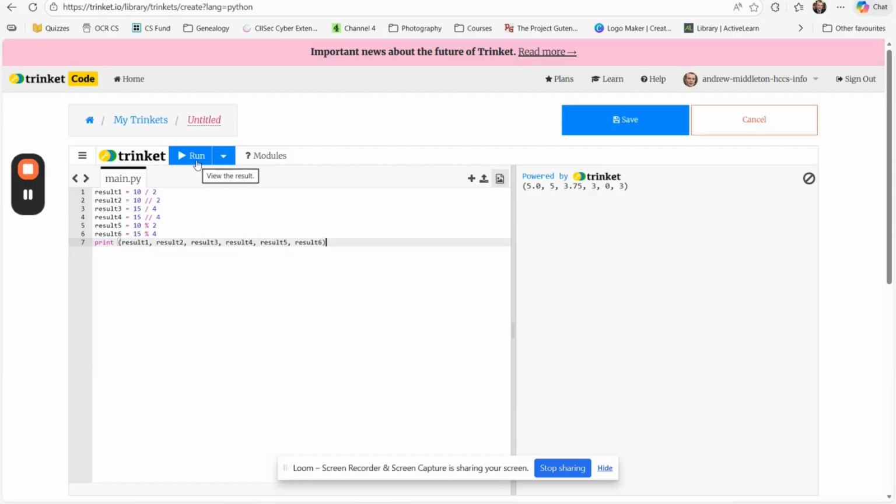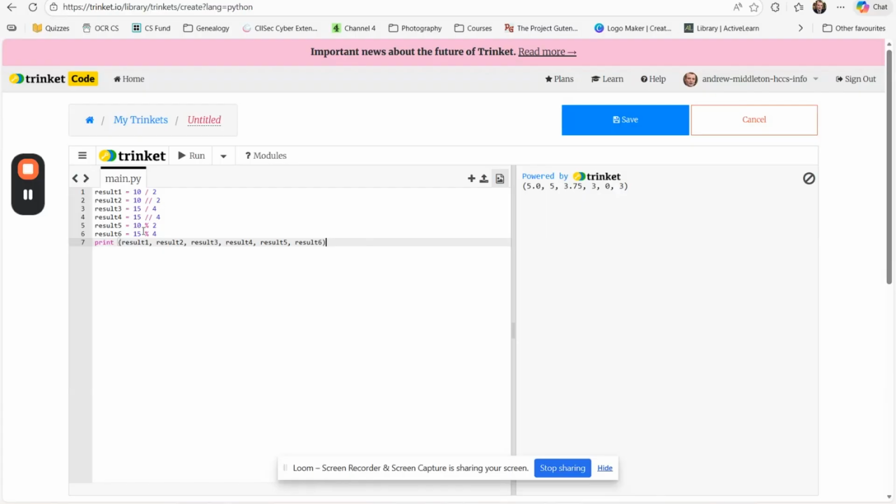Now, any ideas? So the answer is this. A single divide is just giving you a straight division. How many times does it go into it? The double divide tells you how many times it goes into it, but as a whole number. Ignore the fractions. It doesn't give you the other alternatives, just the whole number it goes in.